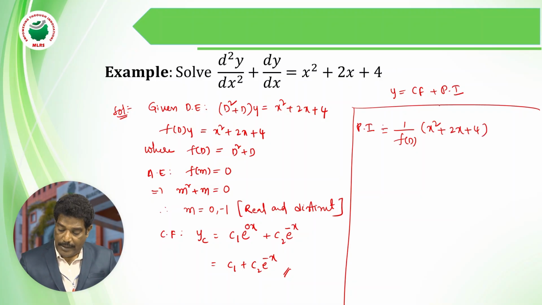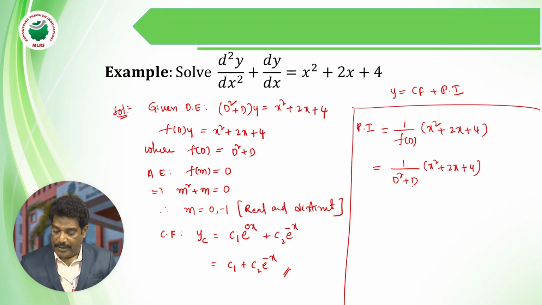Here we can observe x square plus 2x plus 4 is the type 3 function, a polynomial function of degree 2. So what is the working rule for polynomial functions? First of all, write the denominator, that is D square plus D, into x square plus 2x plus 4.